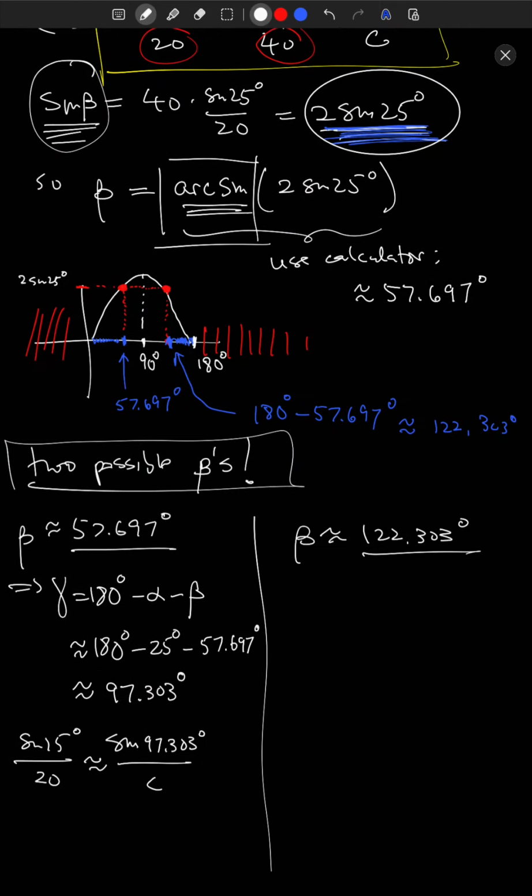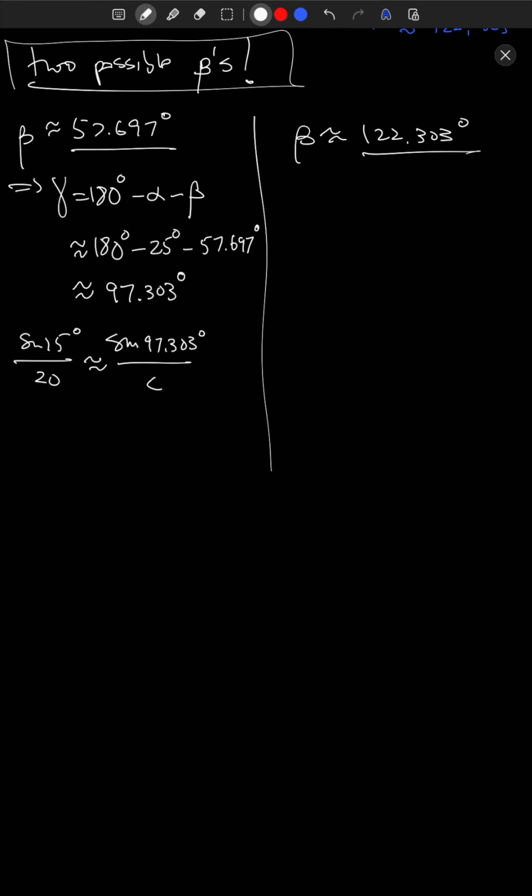Once I've used a calculator, nothing is equal, they're approximately. But the point here is this left-hand side, I know it all. The right-hand side, I know everything except C. And so C is approximately sine of 25 degrees over 20, times 1 over sine of 97.303 degrees. And this I can just put in the calculator, and I'm going to get 46.94, roughly.